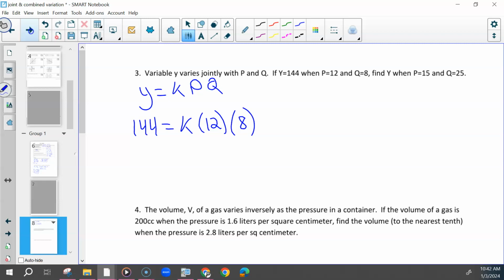And then whether you want to multiply this first and then divide, or divide and then simplify it all together is really up to you. What is 12 times 8?